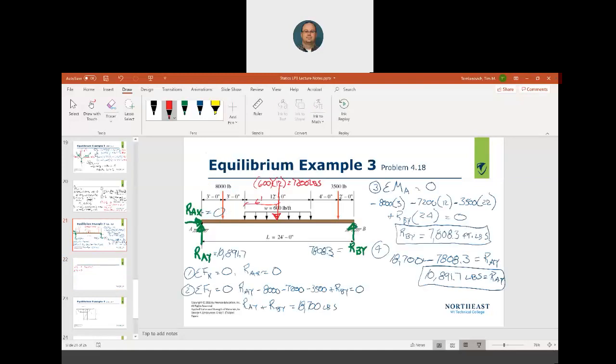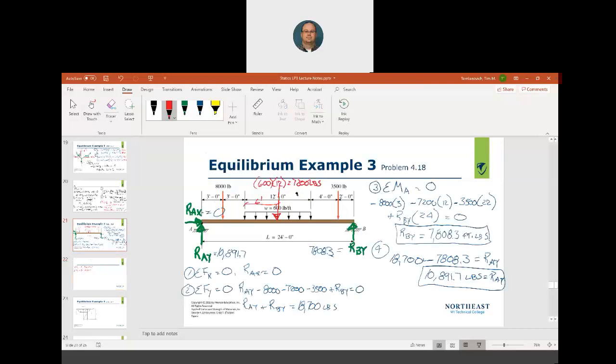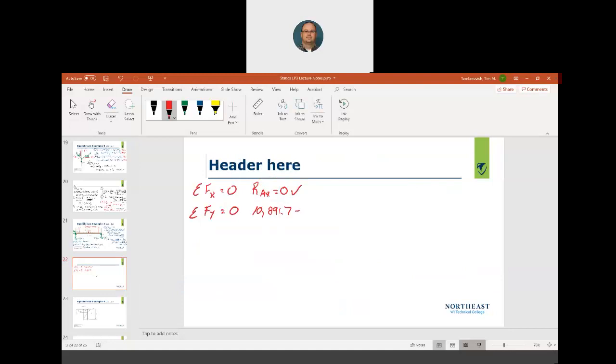Sum of the forces in the y direction equals 0. Okay? All right, so RAY, so I start from upright, 10,891.7. Okay? Minus 8,000, minus 7,200, minus 3,500. Plus RBY, correct?